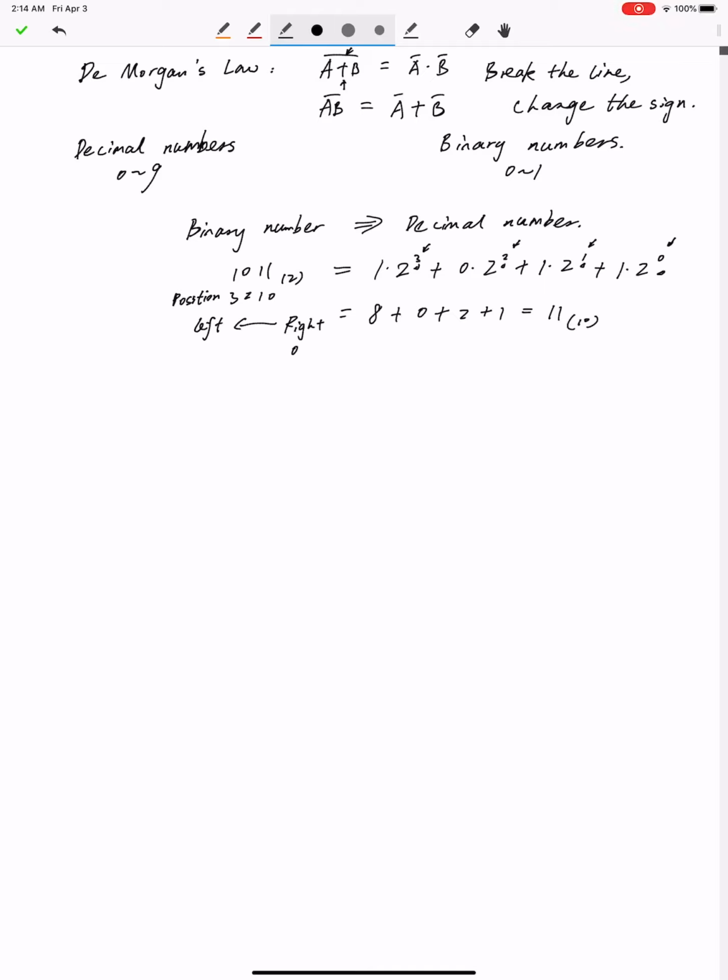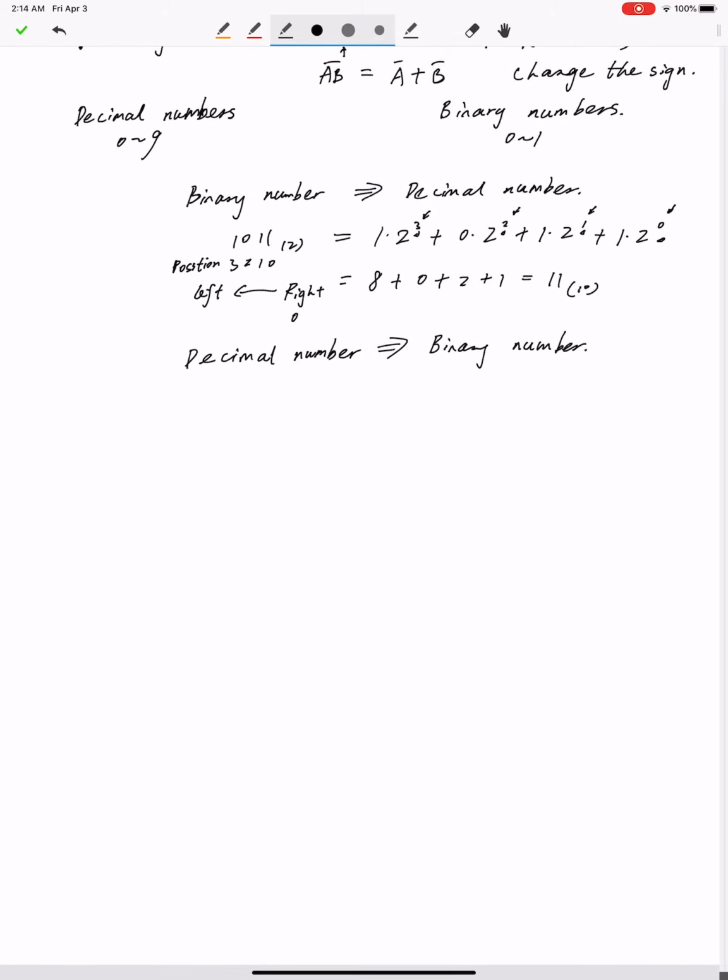And we also introduced how to find the binary representation of a decimal number, which is the transformation from decimal number to binary number.